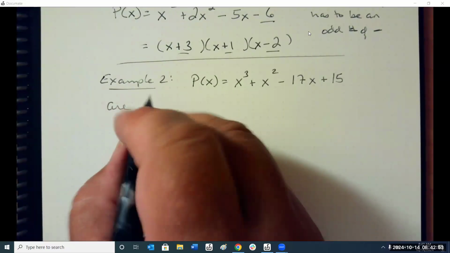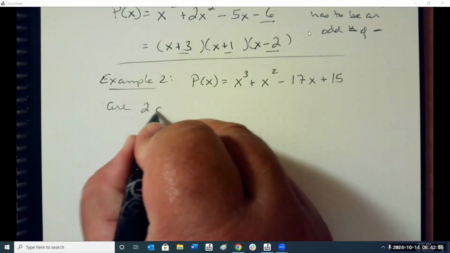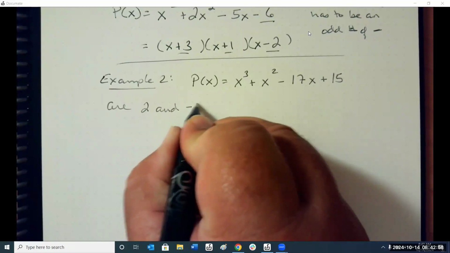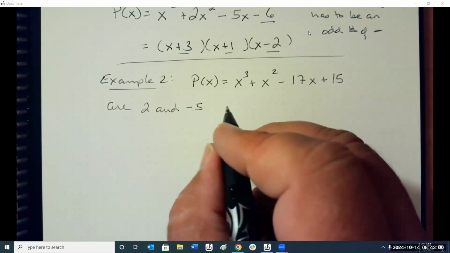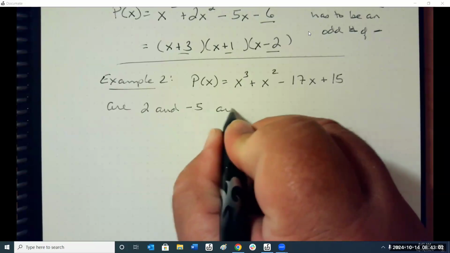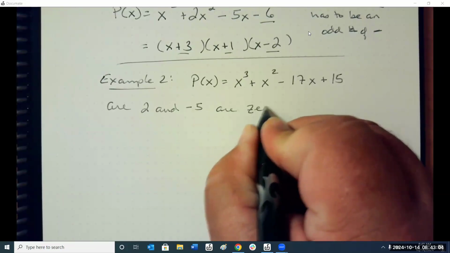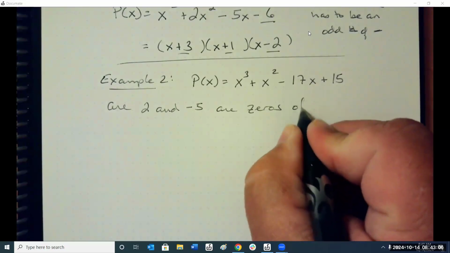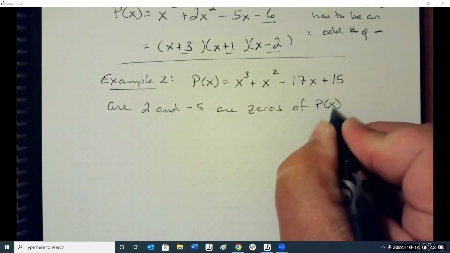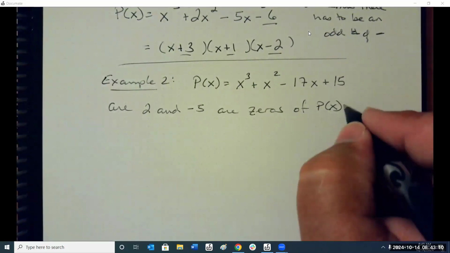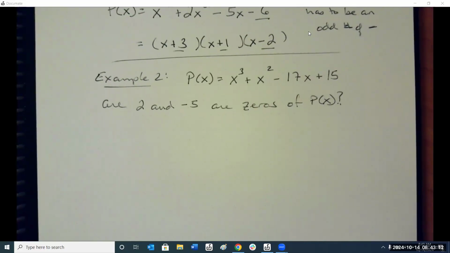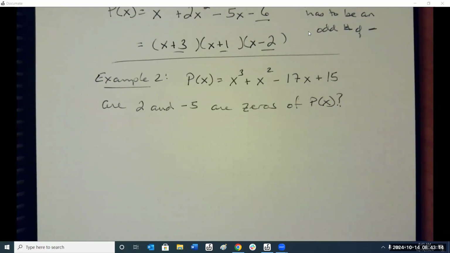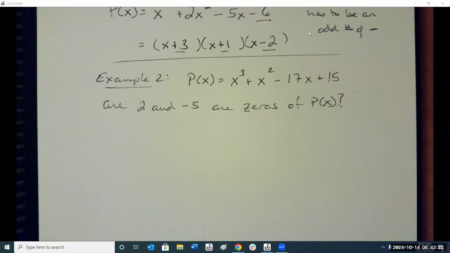It basically says determine if 2 and -5 are zeros of p of x. What it's saying here is determine whether each of the numbers 2 and -5 is a zero of p of x.